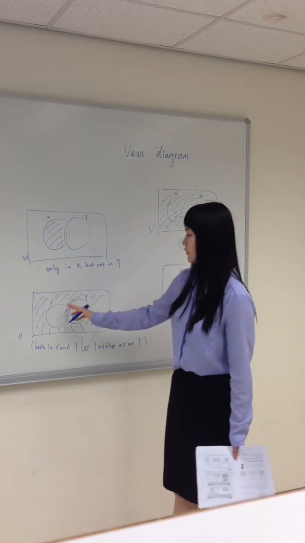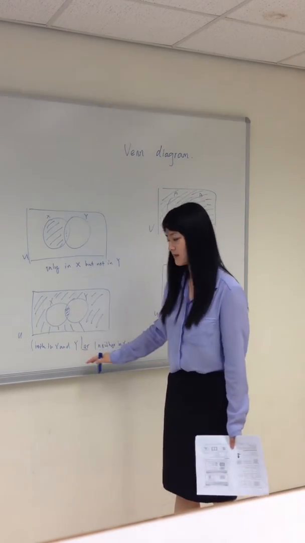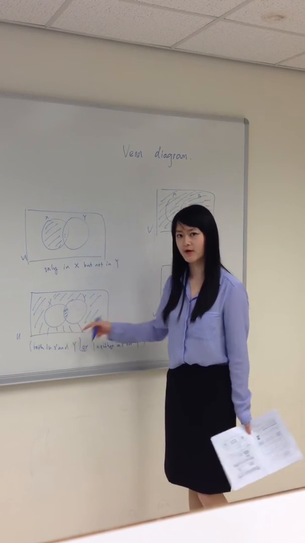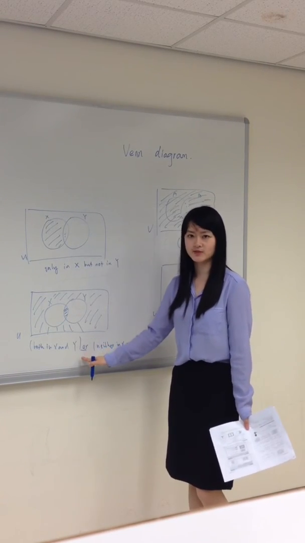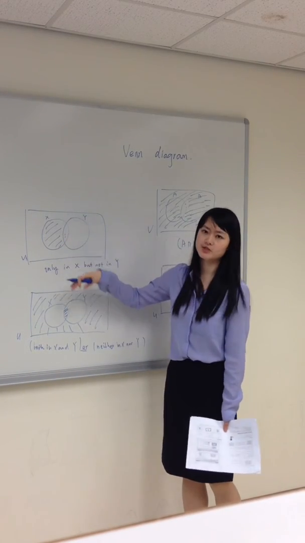So if we want to get two areas, we find the first area first, and then describe the second area, and put them together by using the or. Now that's how we describe the shaded area.